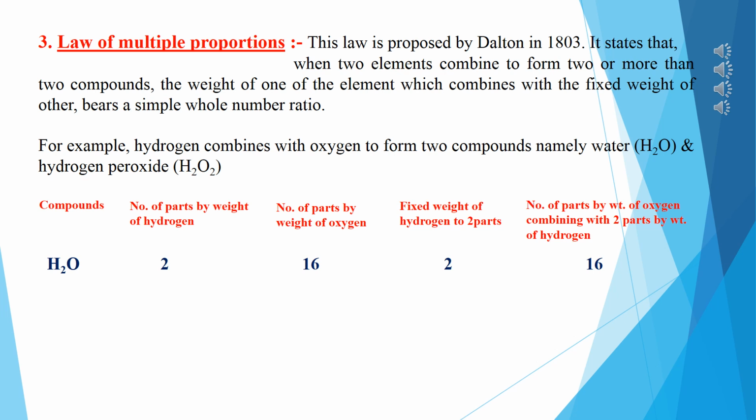In our second compound, that is hydrogen peroxide, the number of parts by weight of hydrogen is 2 because it has 2 atoms of hydrogen. The number of parts by weight of oxygen is 32, and the number of parts by weight of oxygen combining with 2 parts by weight of hydrogen is 32.